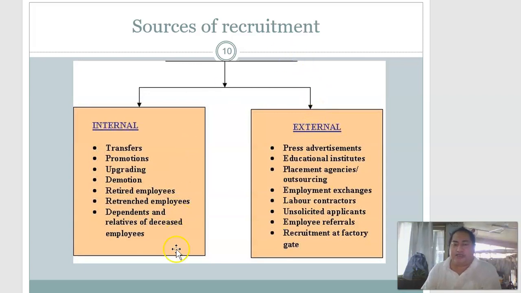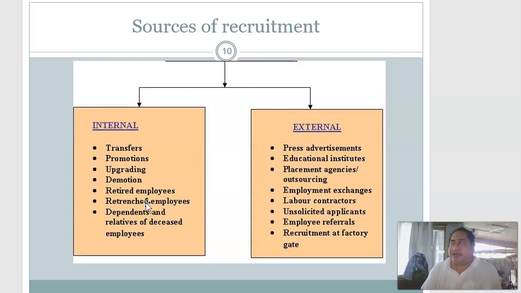Remember, you have internal sources of recruitment I talked about, and you have external. And I'm going to ask you questions like, what are the advantages of internal sources of recruitment? And what are the disadvantages? What are the advantages of external sourcing of labor, and what are the disadvantages? Some of it I already talked about, like if you recruit internally, it's cheaper for your organization.